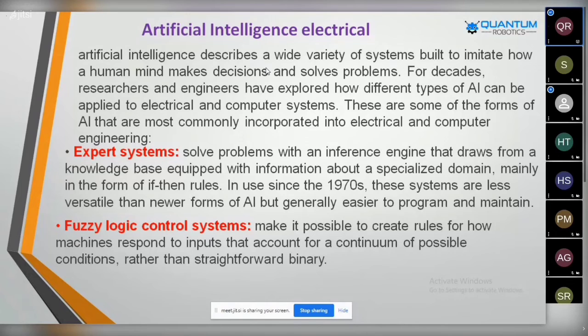These are some of the forms of AI that are most commonly incorporated into electrical and computer engineering. Here you have seen that electrical and computer engineering will work with artificial intelligence.